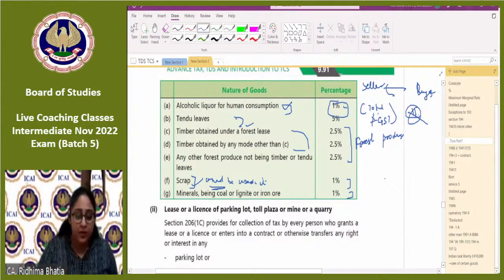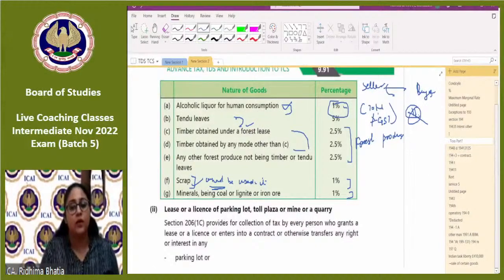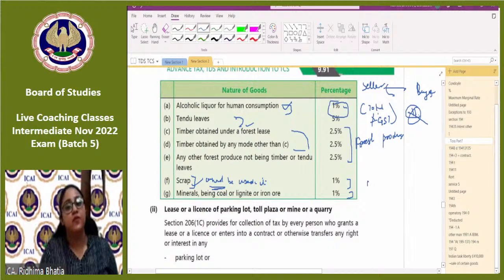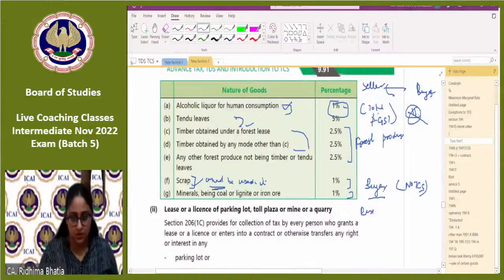But here there is one more condition which you have to remember: a person would be exempt from collecting TCS if the buyer is a resident person. No TCS would be collected if the buyer is a resident person, number one.